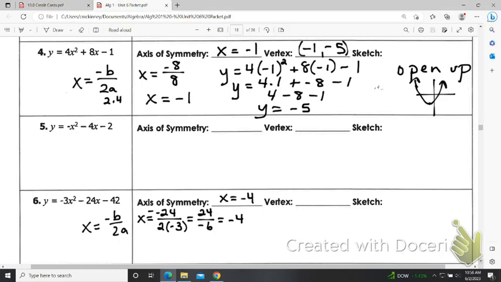It will not always be a negative, it just happens that that's what I've chosen there. And then to find the vertex, we're doing negative 3 times negative 4 squared minus 24, you'll want your calculator handy, times negative 4 minus 42.